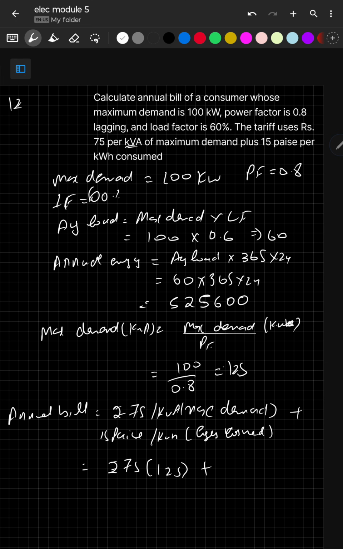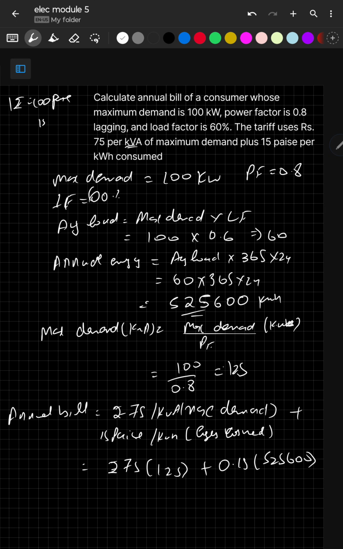Again, 1 rupee has 100 paise. 15 paise is how much in rupees? 15 by 100. So 0.15 into energy consumed. Energy consumed, this one, 525600 kWh.